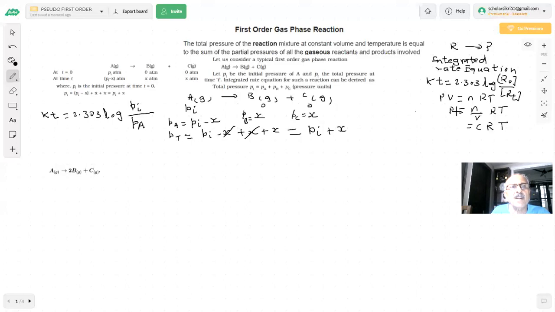So this is our first order kinetics equation. We already know about it. Instead of the molar concentrations, since molar concentrations are proportional to the pressure, I have replaced them by the pressure. So I hope there is no doubt about this.